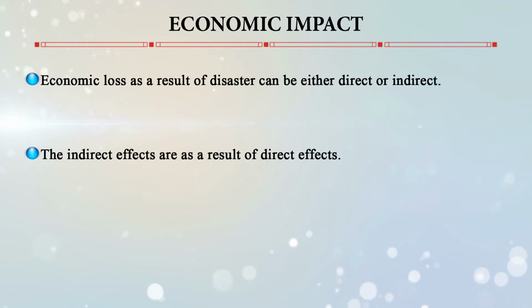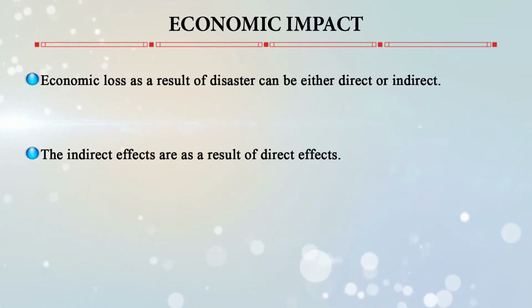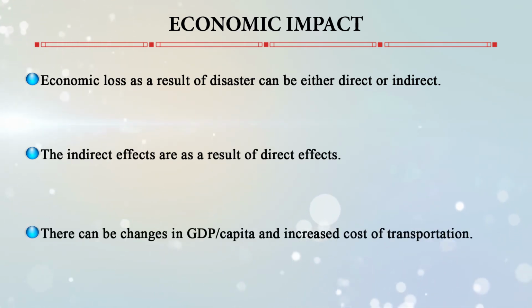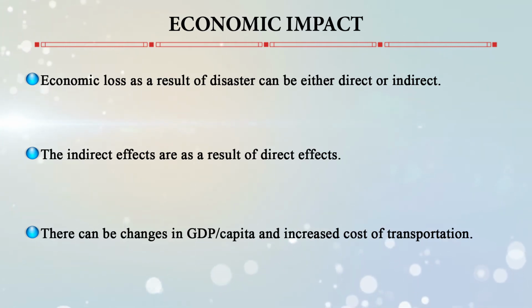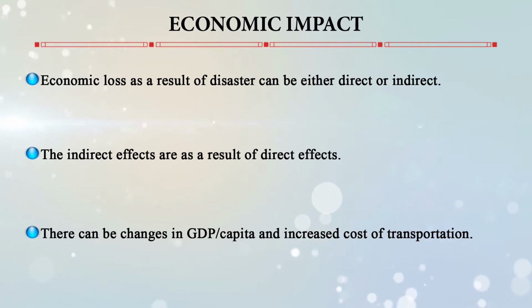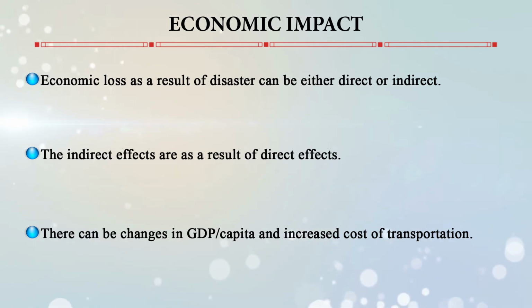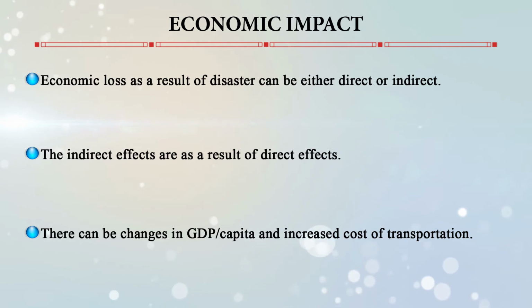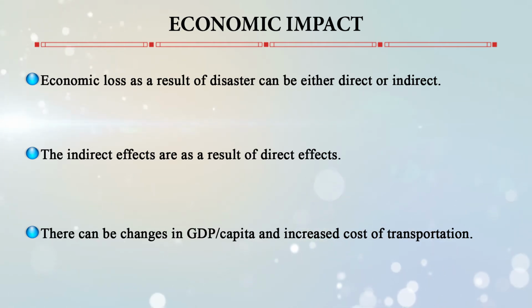The indirect effects are a result of the direct effects. There can also be changes in GDP per capita and increased cost of transportation. All this comes one after the other, in a chain or cyclic events, and can disturb the entire community.